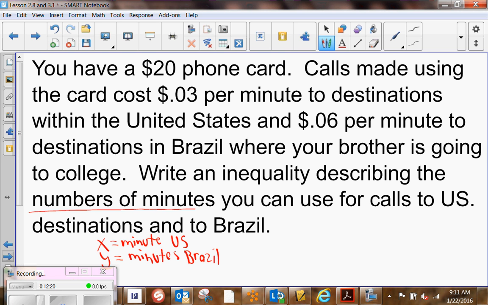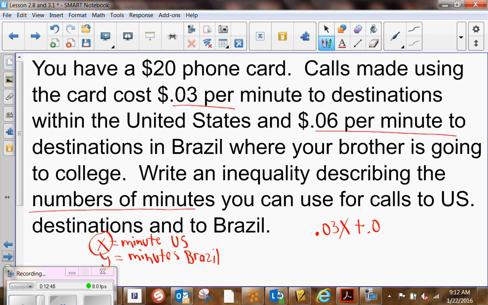I know the cost of each of those, and I also know the amount of money I have. I only have $20. So the cost for each of these X's going to the U.S. is going to be 3 cents per minute. So 3 cents times however many minutes I'm talking to the United States, plus 6 cents per minute to Brazil.